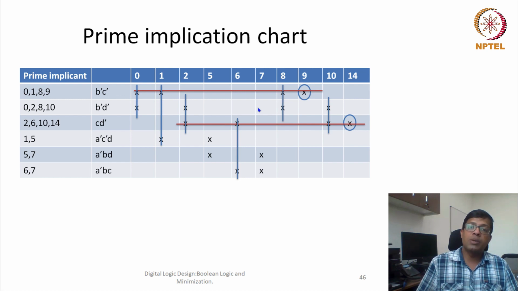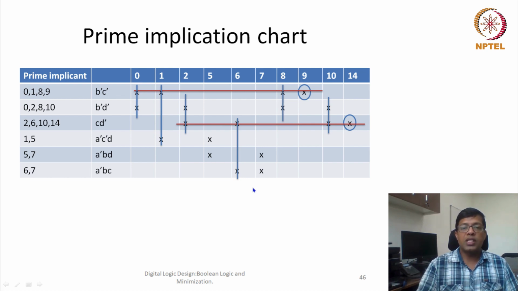So what crosses are left? Those min terms also need to be covered. We see 5 and 7, these are the two min terms which are left. And what is the best possibility? Just by looking at it, we can say that for 5 and 7, this particular implicant is a better possibility, because by including only one prime implicant, both these terms could be covered.